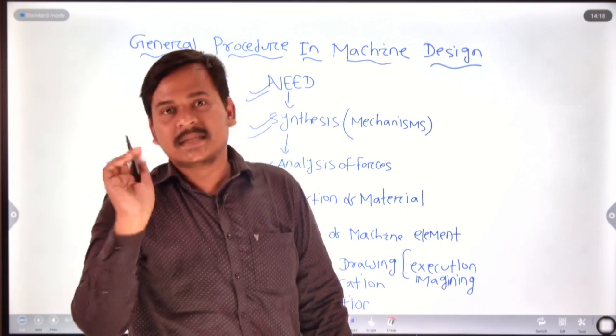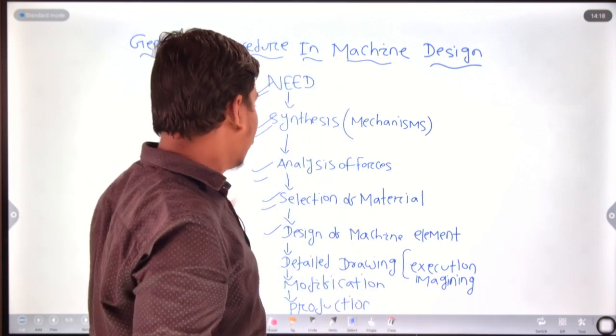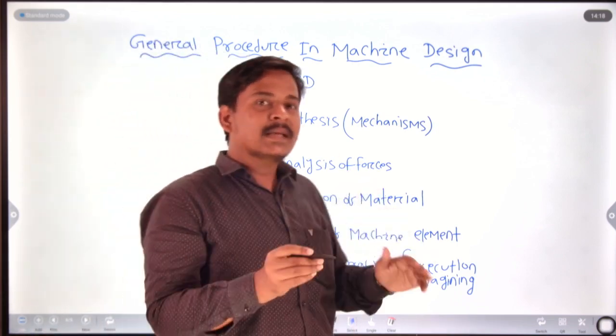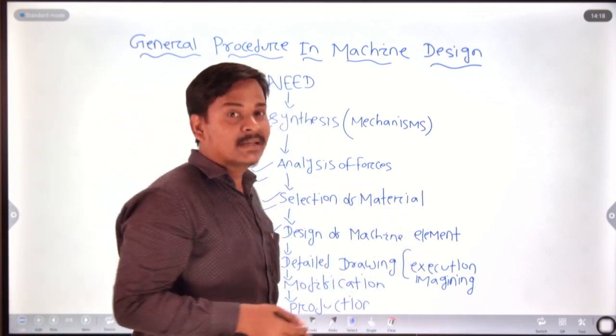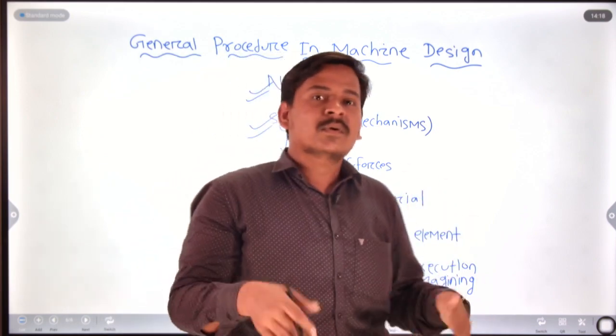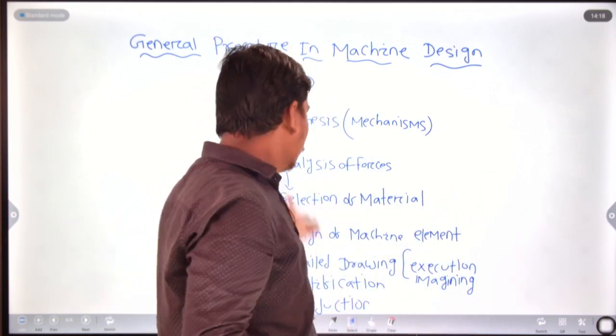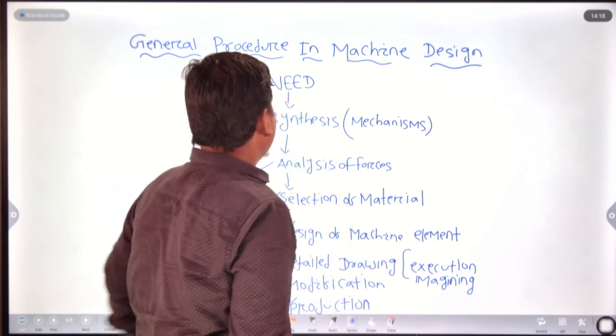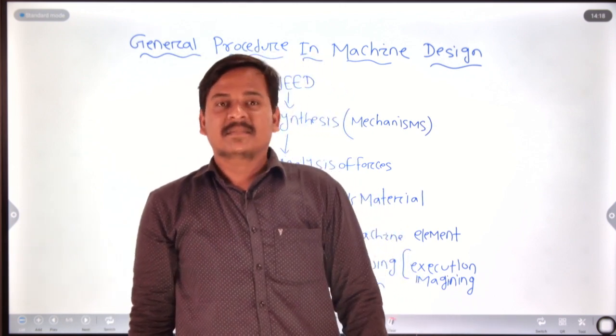If there is some mistake, we have to modify it. After proper modification, we check everything and go to the production process. We have to produce the machine element. These are the general procedure in machine design.